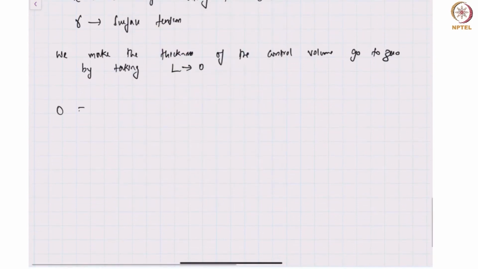Let's write down all the terms here very quickly. The left hand side is 0, the body force is 0, and now I can write down this expression on both sides of the interface. Both these surfaces basically go to 0, and the curved side of the contour of the volume element does not contribute because the thickness goes to 0. So now I have one surface at the top, which is the plus side, and another surface, the minus side.